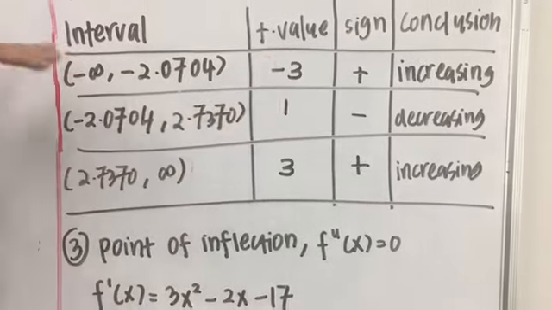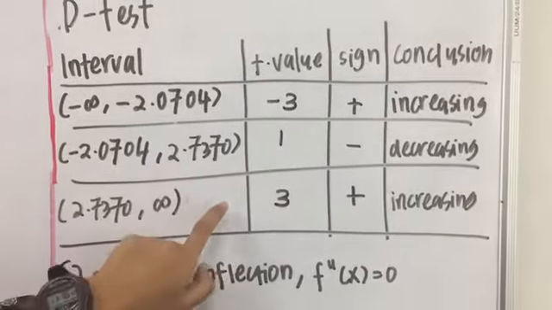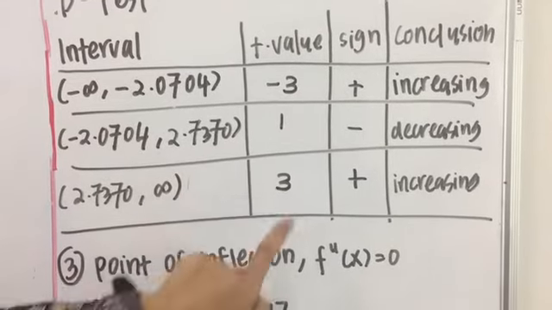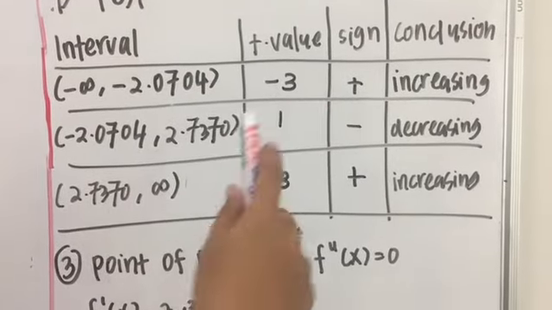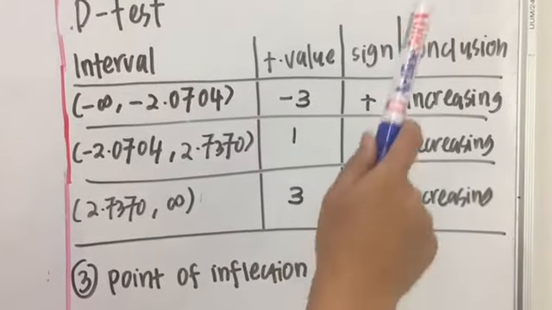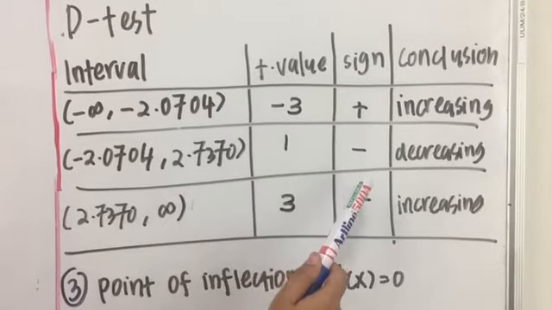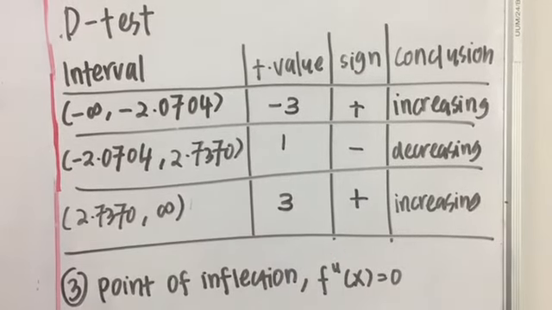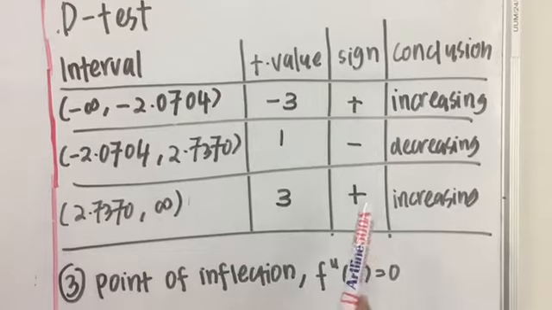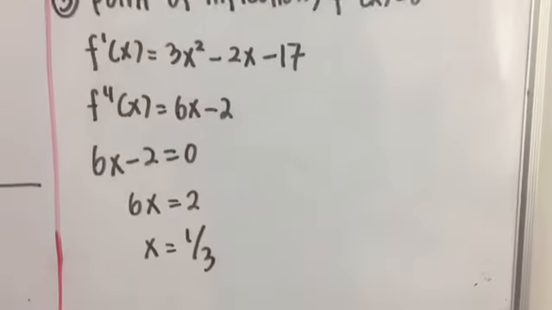For the test values, we take −3 for the first interval, 1 for the second, and 3 for the third. The sign for the first interval is positive, so it is increasing. For the second interval, negative, so it is decreasing. And for the third interval, positive, so it is increasing.